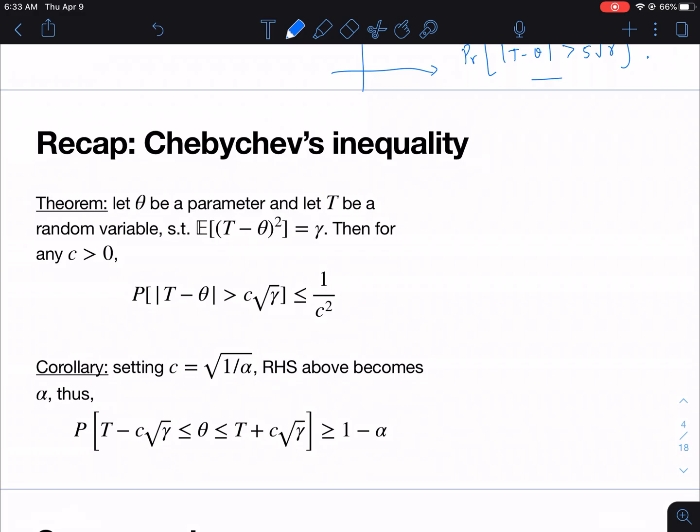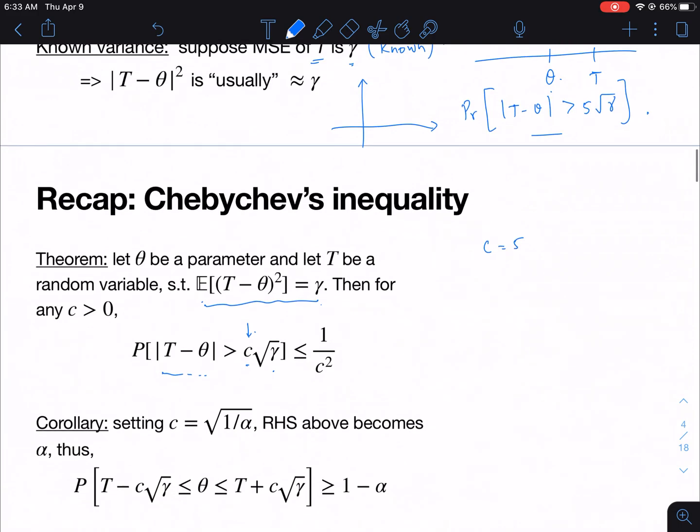The inequality says that if the expected value of (t minus theta) whole squared is equal to gamma, then the probability that |t minus theta| is more than c times root gamma, where c is a parameter you can think of as being more than 1, is at most 1 by c squared. For c equals 5, the probability that |t minus theta| is more than 5 root gamma is less than 1 by 25, which is 0.04.